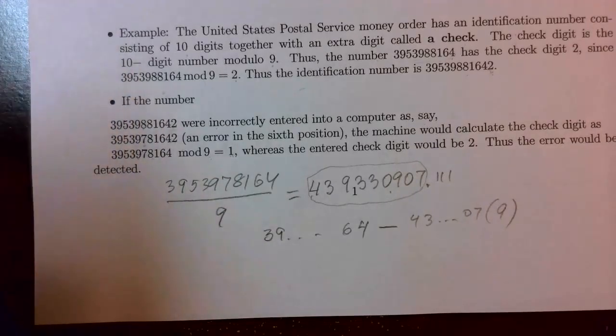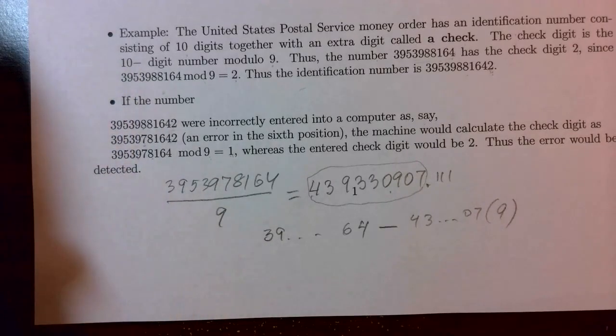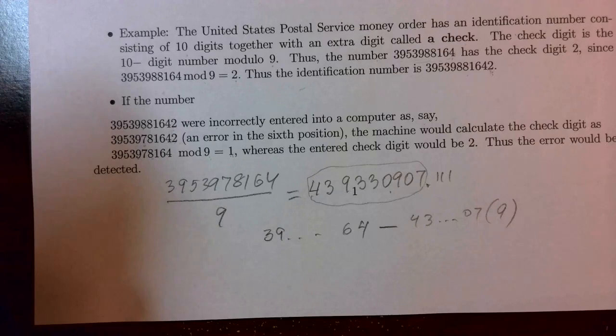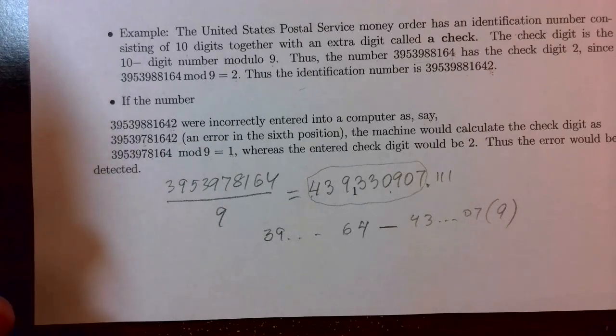So I put this in the calculator. 39, 53, 97, 81, 64 minus 43, 93, 30, 907 times 9.